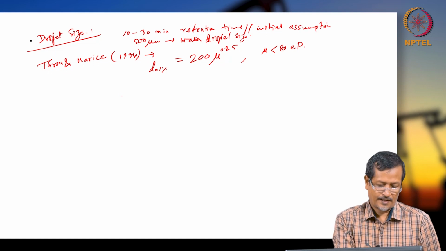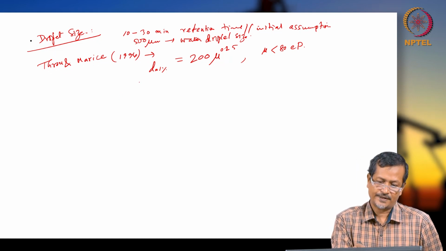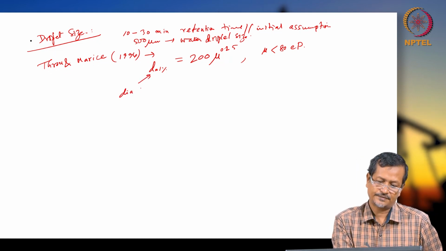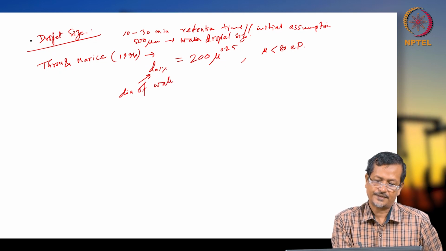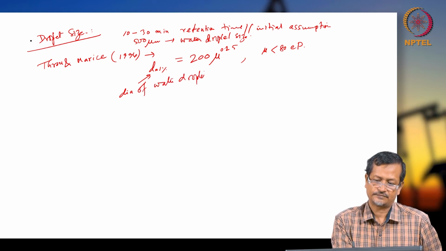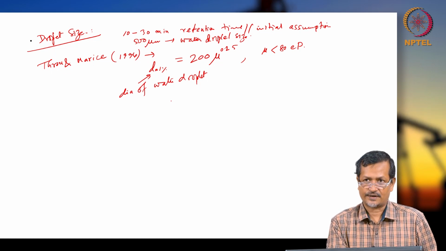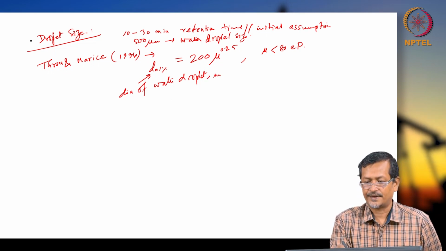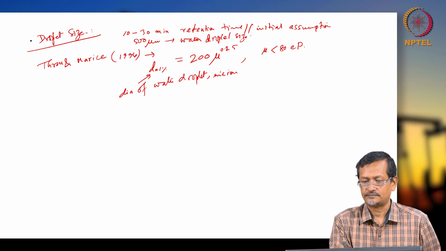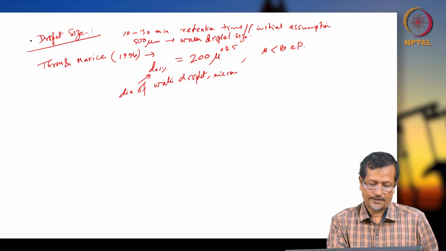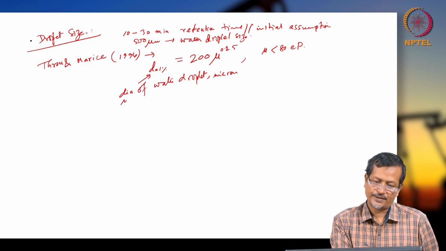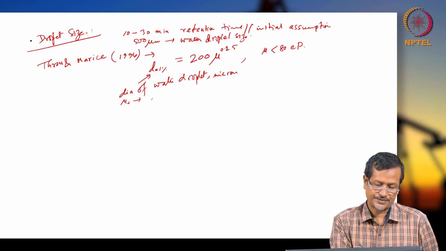Here dm is the diameter of the water droplet to be settled from oil to achieve 1% water cut, in micron. And mu O you already know, the oil viscosity.